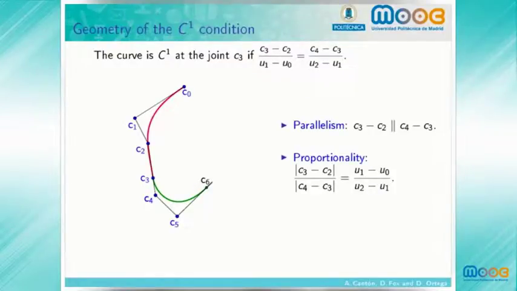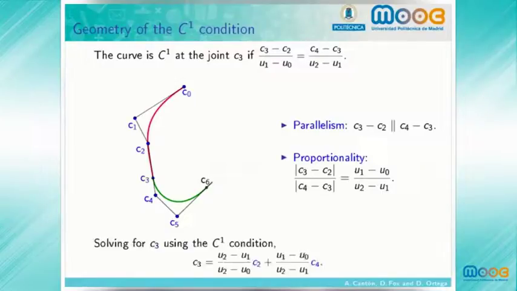And their lengths are proportional to the lengths of the intervals on which the 2 pieces are defined. If we consider the equations that result, we can solve for C3 in terms of C2 and C4. We find that there's no liberty. If we fix the intervals and we fix C2 and C4, C3 is already determined.